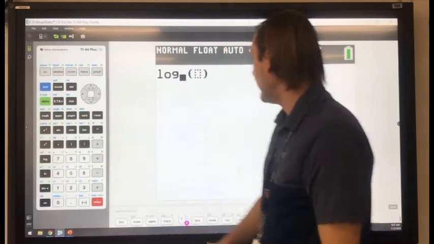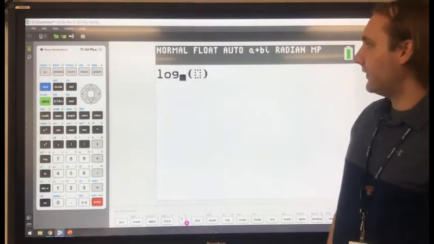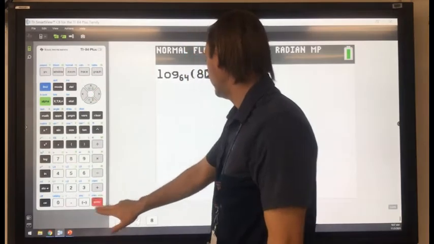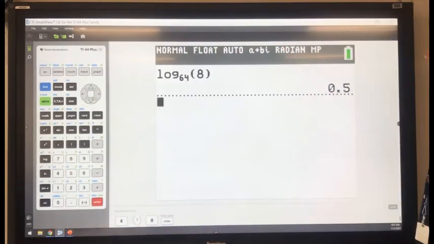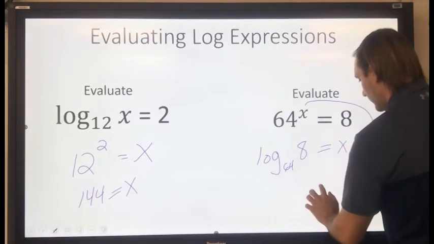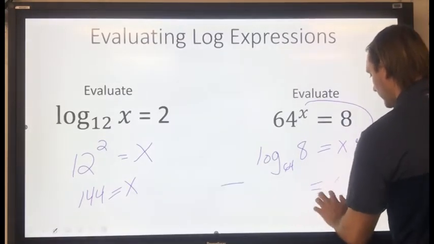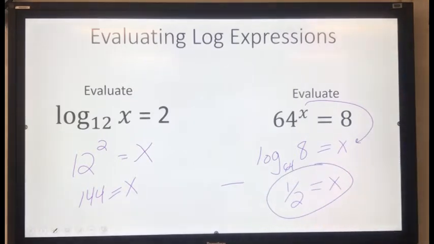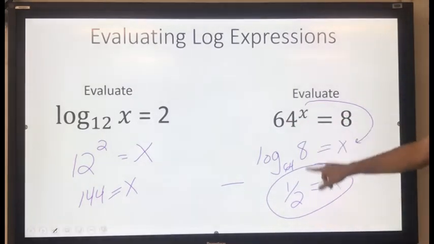What this does, it allows me to enter in whatever base I want. So log base 64 of 8, and I see it's 0.5. So x equals 1/2. Well, not roughly, it does equal 1/2. So 64 to the 1/2 power will equal 8.